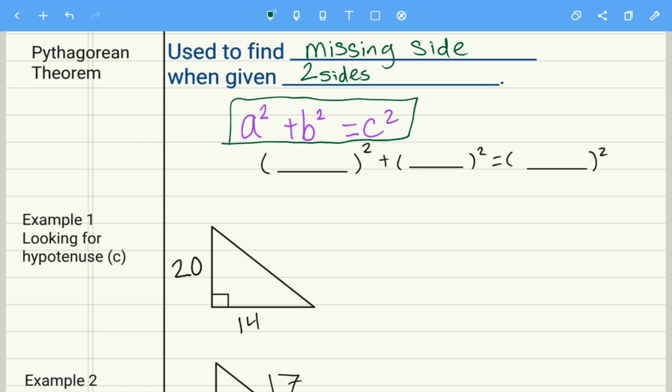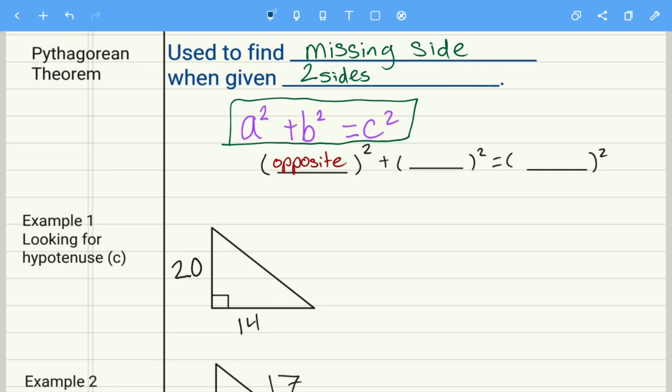Now, in reference to the side names we just learned, we can also say it's the opposite side squared plus the adjacent side squared equals the hypotenuse squared. So the hypotenuse is by itself in the Pythagorean theorem.